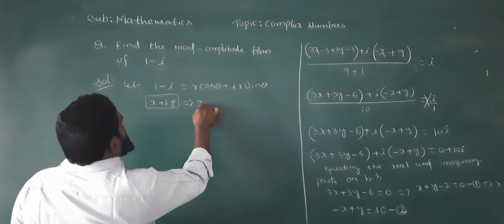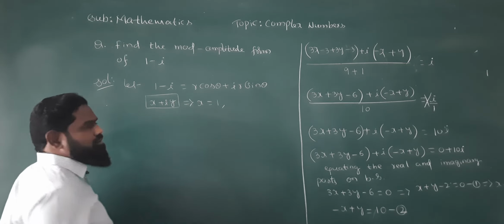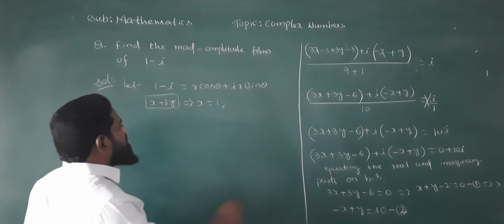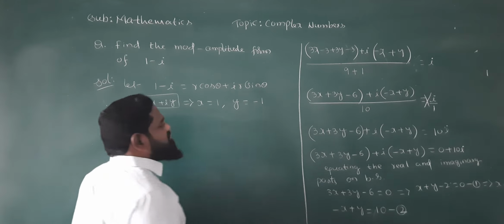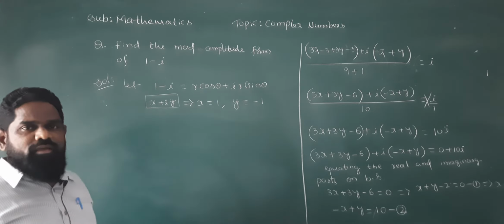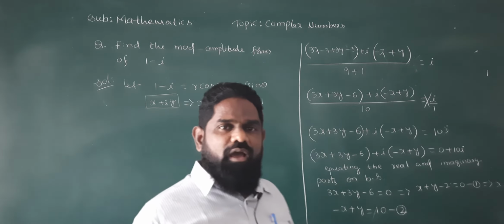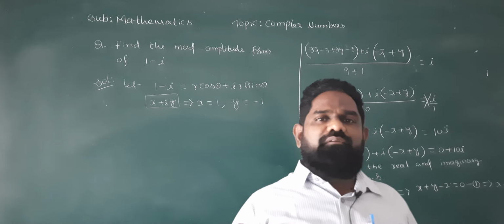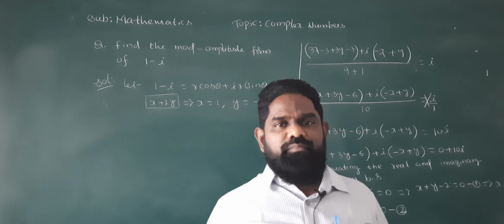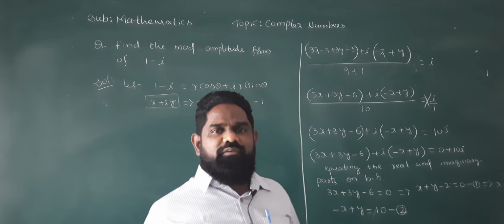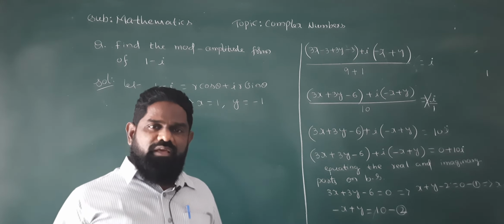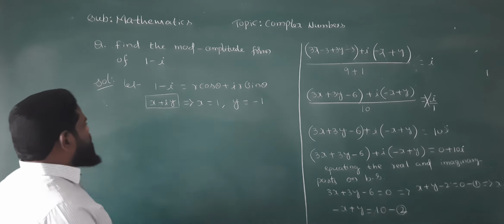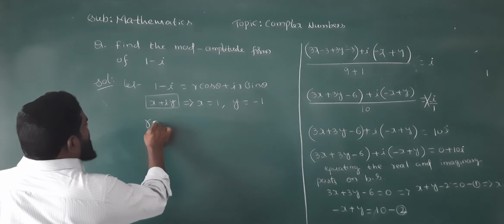The x value is the real part, the y value is the imaginary part. Imaginary is the coefficient of i. Imaginary means the value associated with i. What is the value associated with i? Minus 1, which is the imaginary part.